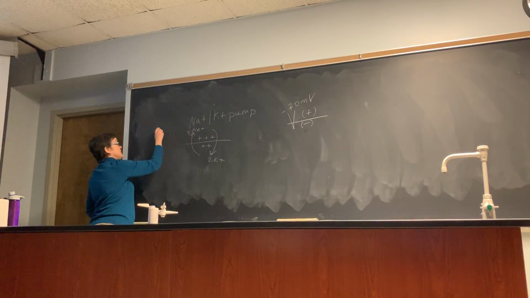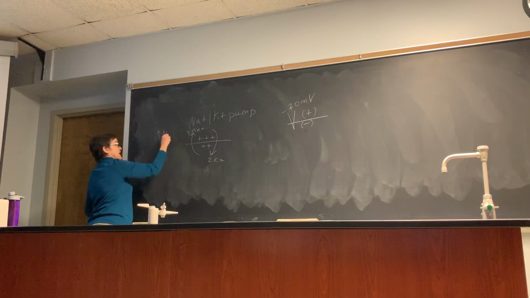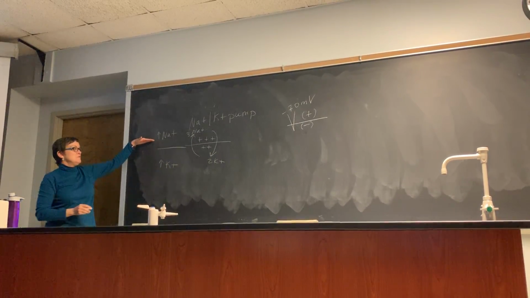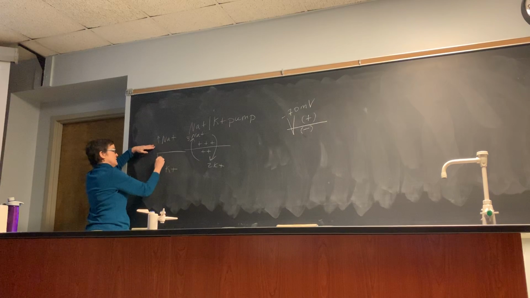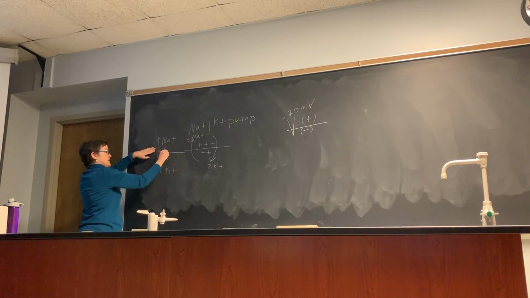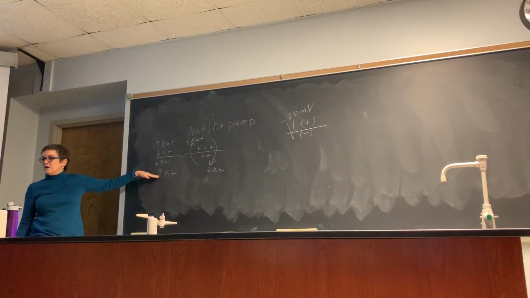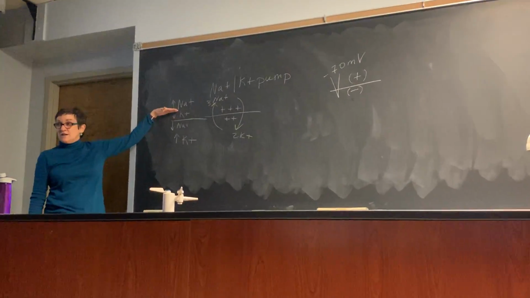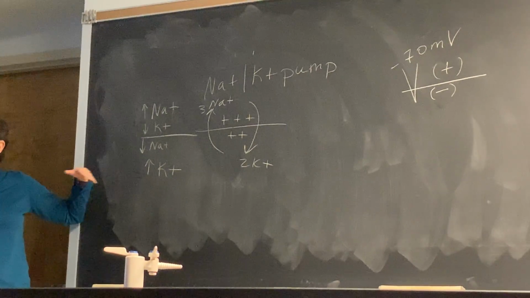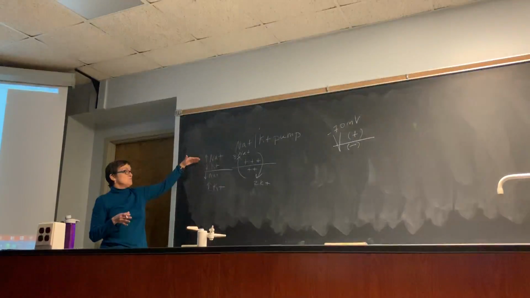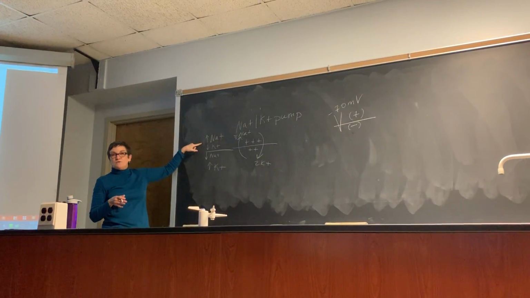That means you have more sodium outside and more potassium inside the cell. So there is a higher concentration of potassium inside the cell and a higher concentration of sodium outside the cell. You have a concentration gradient, which means you can have diffusion if those gates open. So sodium is going to diffuse which way? If you open the gate, which way would sodium diffuse? In or out?